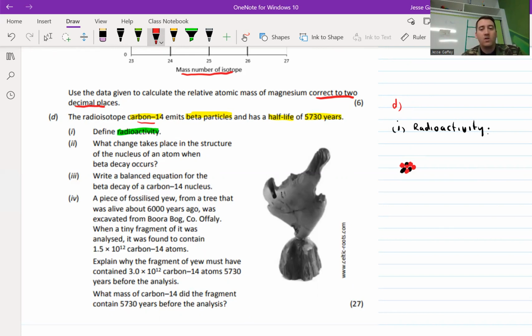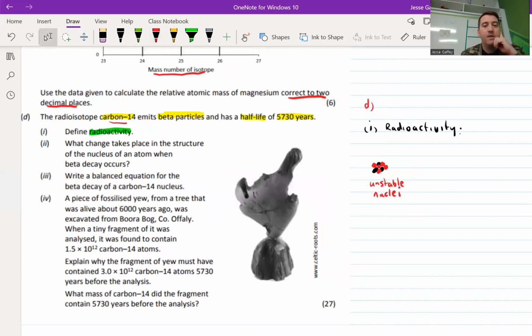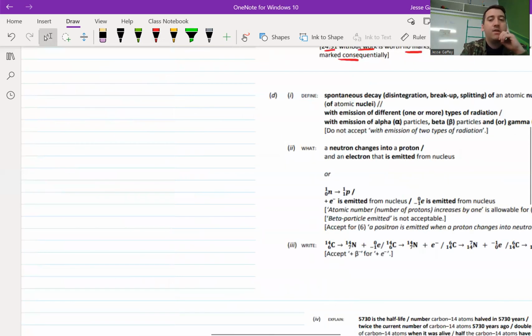So what's going to happen to those unstable nuclei? What's going to happen to them? And when that happens, what specifically usually happens? So that should give you some hints and help you write out the definition if you don't know how to do it.